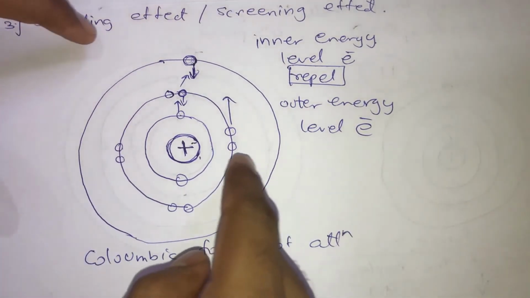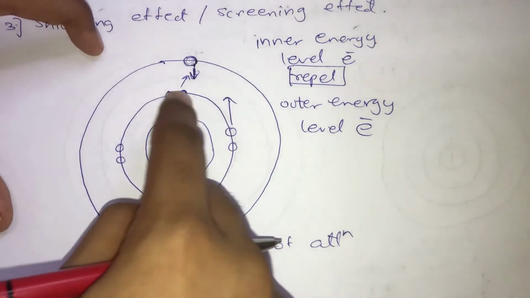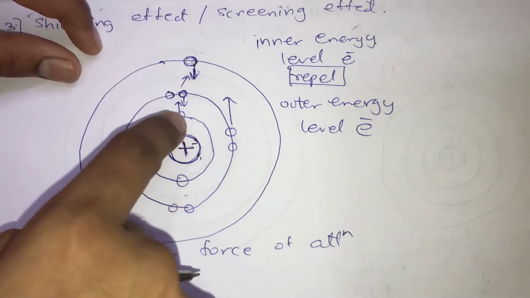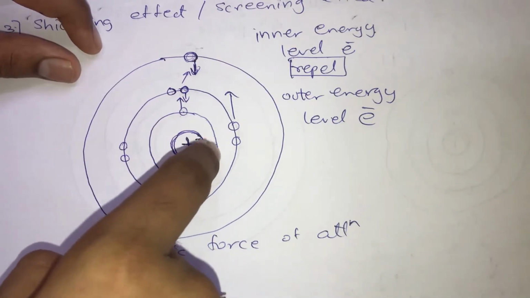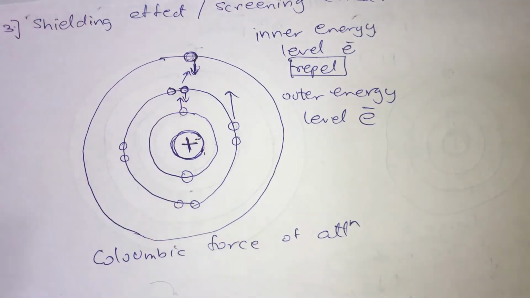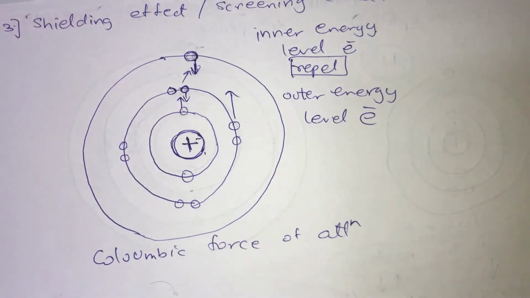Am I right? The second energy level electrons are repelling the third energy level electron. The first energy level electrons are repelling the second energy level electrons. So similarly, can I say that the inner energy level electrons are going to repel the outer energy level electrons?